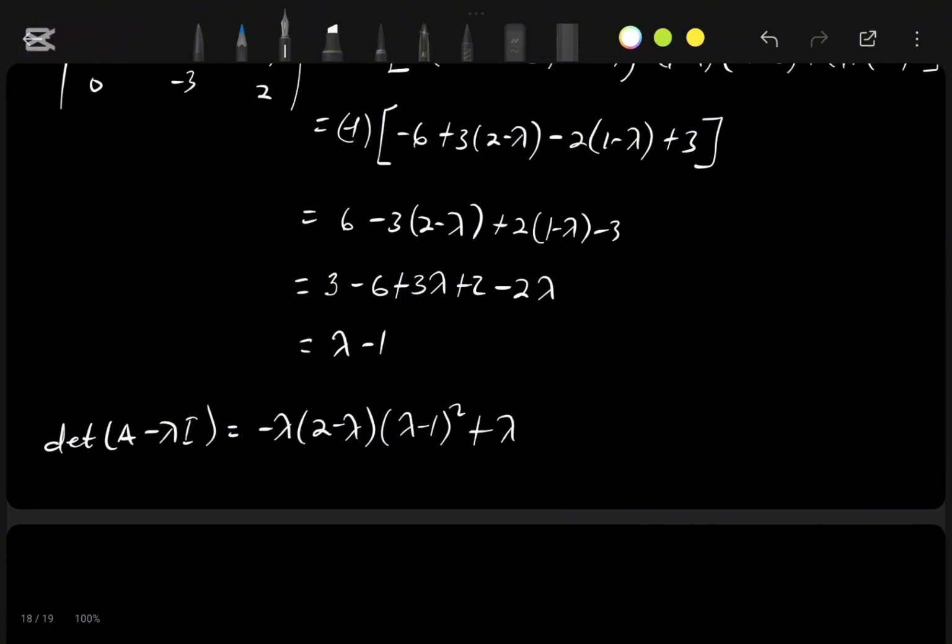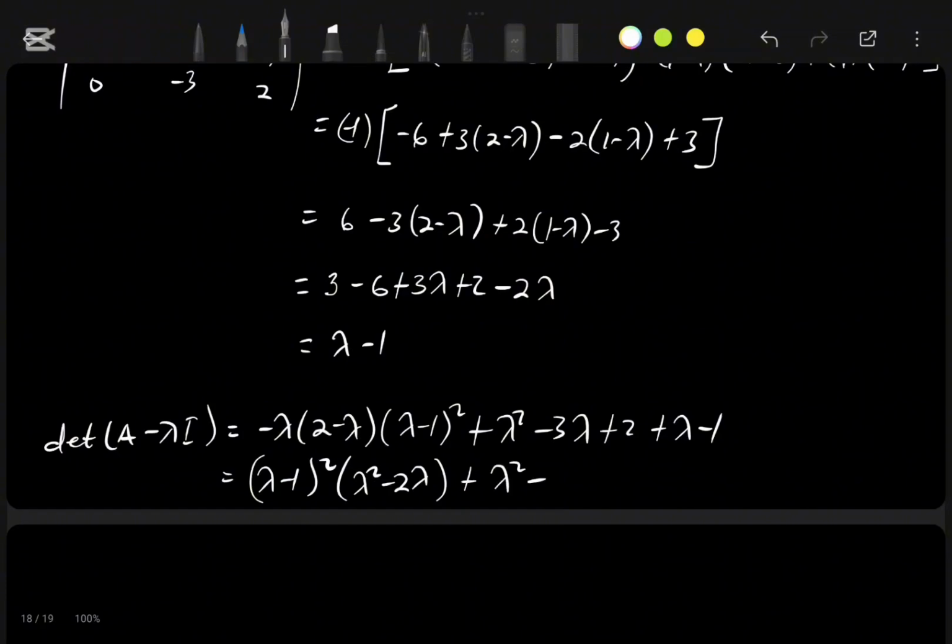So we have plus lambda squared minus 3 lambda plus 2. We have plus lambda minus 1. And this is equal to, make lambda minus 1 squared the subject, we have lambda squared minus 2 lambda, then plus lambda squared minus 2 lambda plus 1.